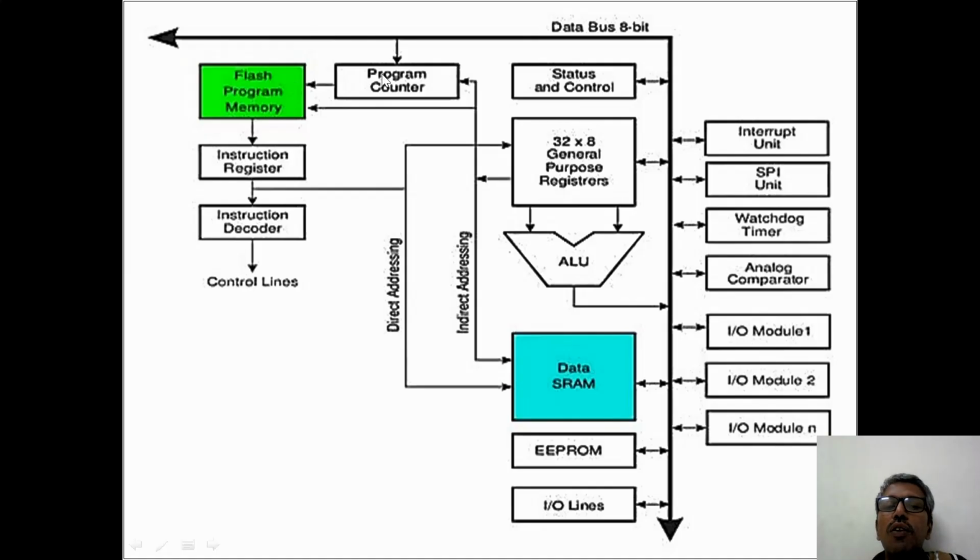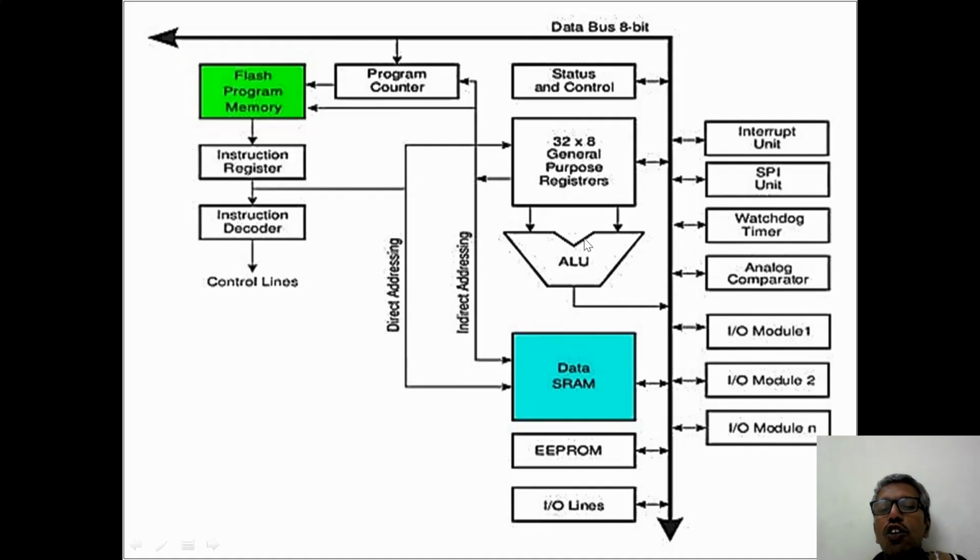The program counter is used to indicate the current instruction which is to be executed. That instruction will be stored in the instruction register, then decoded by the instruction decoder, which passes it to the ALU to perform the operation.